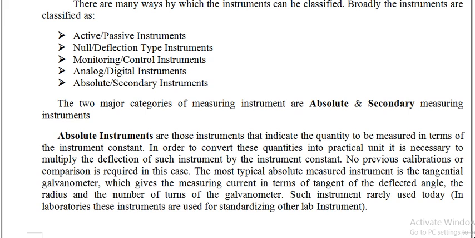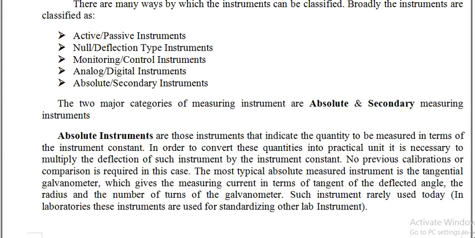Then there are other instruments known as absolute or secondary instruments. The absolute instruments are the standard instruments, the SI, System of International Units, instruments, and they are not calibrated. They are standard instruments, but the secondary instruments are those which are compared with the absolute instruments, so that we can remove any error present in the secondary instruments.